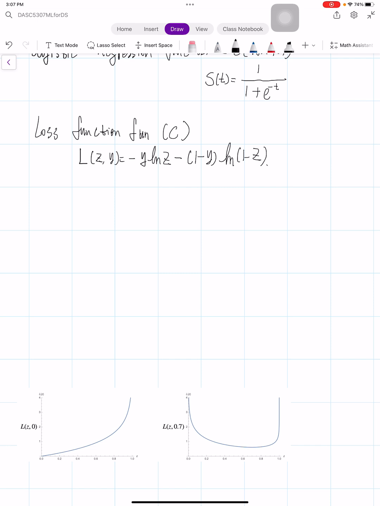Although this has negative signs, these terms are actually positive, because usually when we apply logistic regression, z is a number between 0 and 1. If you take the log of a number between 0 and 1, you get a negative value. So both terms are actually positive.